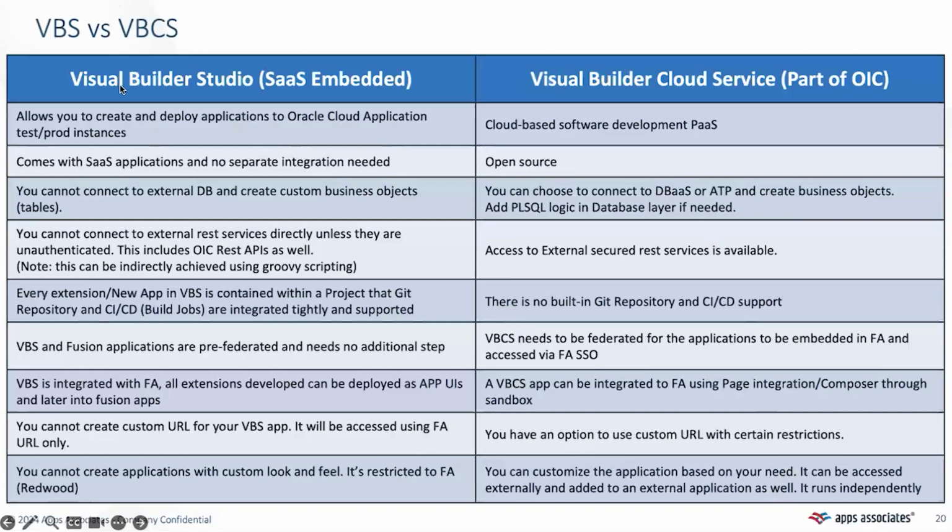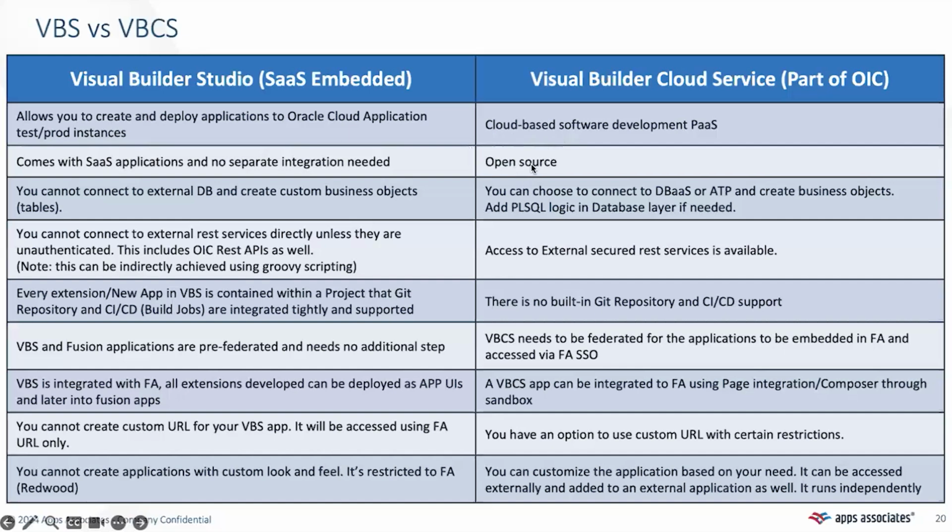Visual Builder Studio comes embedded in your Fusion SaaS, out of the box, with no need to deploy anything. It is just given as you implement. Whereas VBCS, Visual Builder Cloud Service, which is part of the OIC solution, is built on open standards, so you can make use of those.